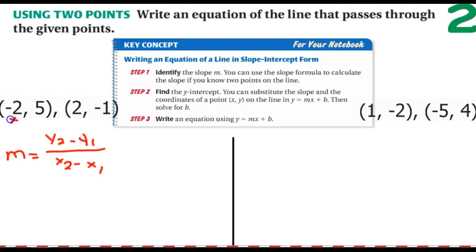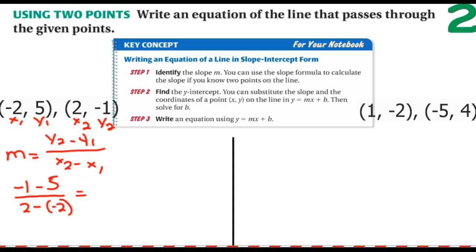So here's our x1, our y1, our x2, and our y2. So y2 is -1 minus y1, which is 5, over x2, which is 2, minus a negative 2.